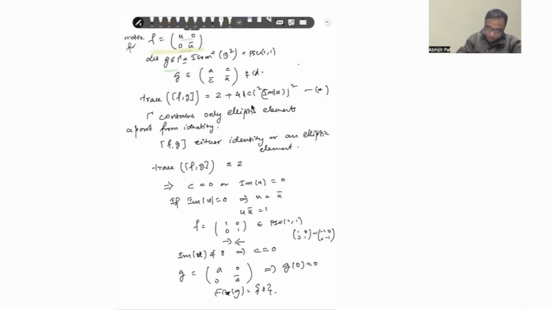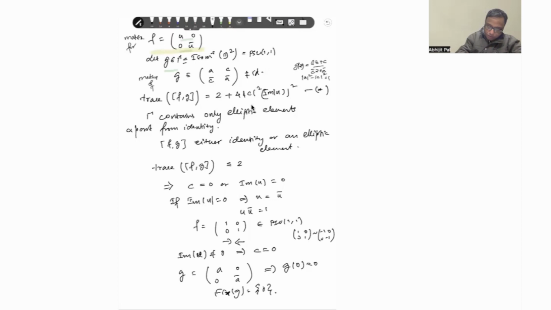The matrix of this g is (a, c; c bar, a bar), so g(z) will be like this, for some complex numbers a and c, where mod a squared minus mod c squared is equal to 1.